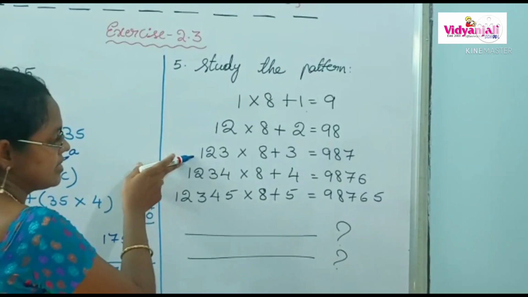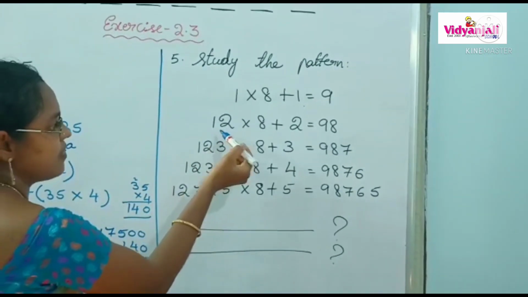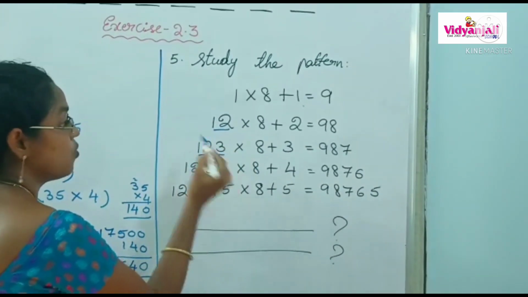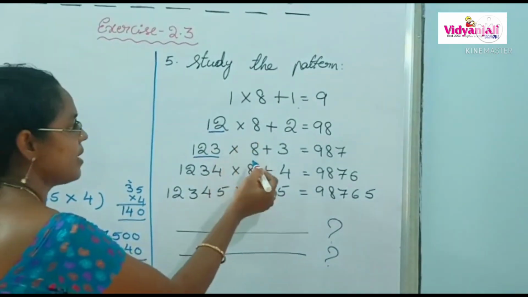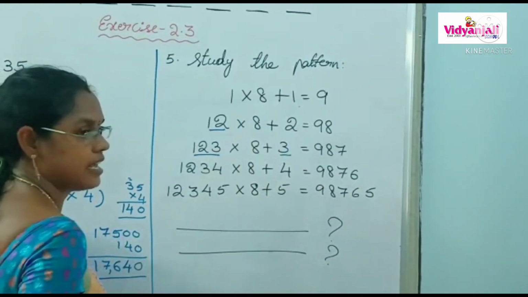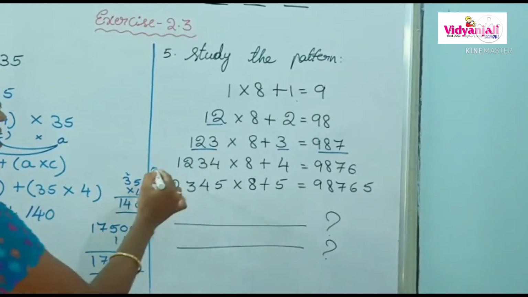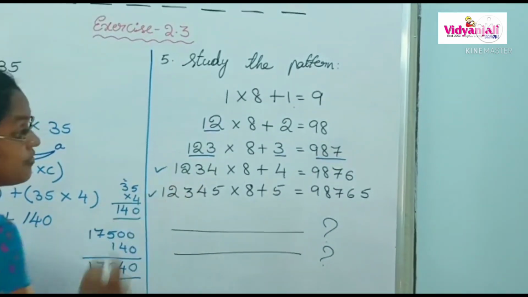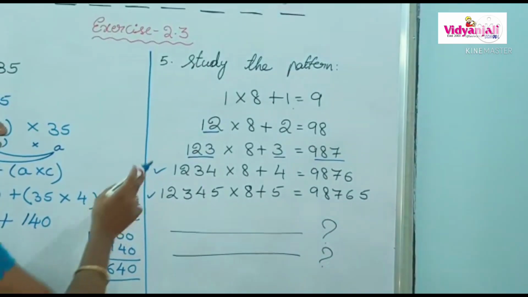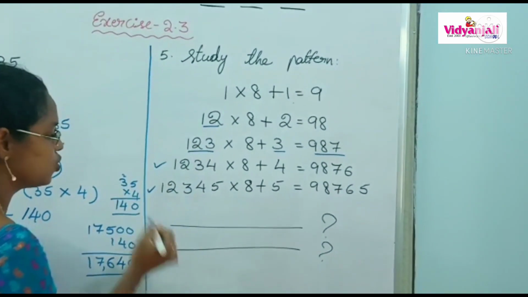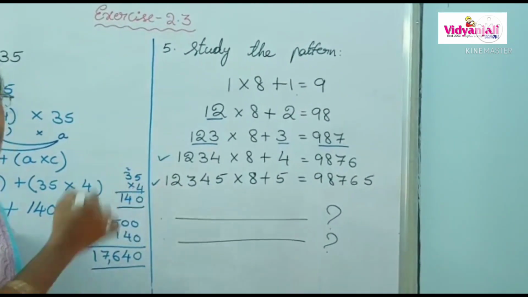See the third step and compare with the second step. Here we have 12. Here 123 into 8 and then here we have 3 and then we got 987.